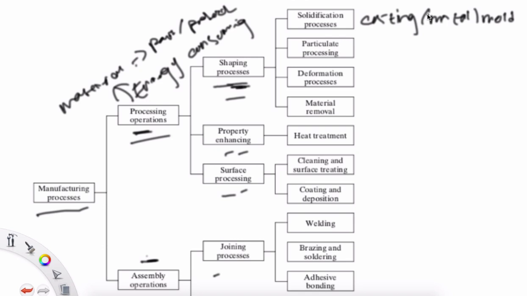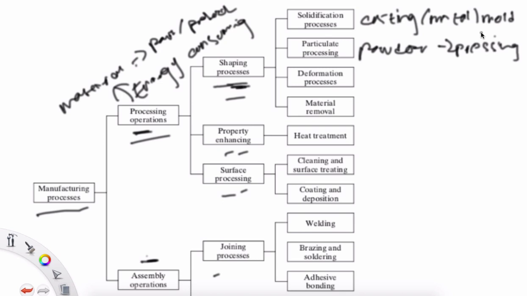And then is particulate processing. Particulate processing refers to when the starting material is powder. When the material is powder, the common technique involved is pressing. So pressing the powder in a die cavity under high pressure causes the powder to take the shape of the cavity.